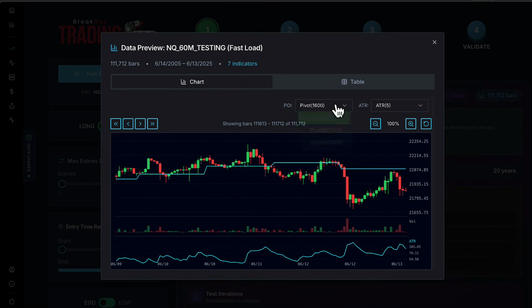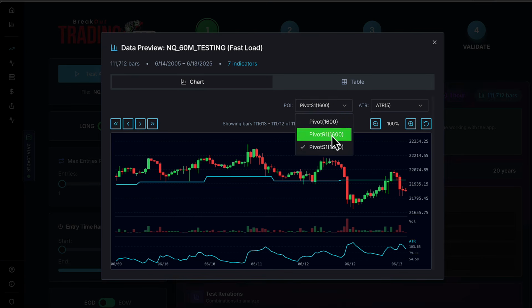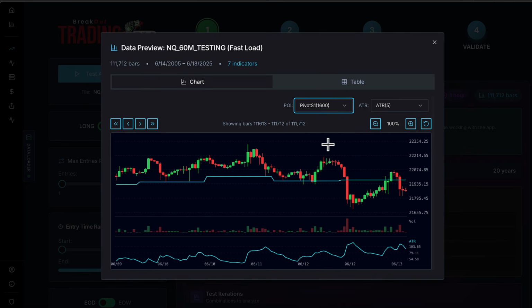So here we actually have pivot points. This is the main pivot, closing at 1600. This is the resistance pivot, and this is the support pivot. So very strong barriers. You can already see visually very strong barriers in the market. You see how the market is bouncing from the support, how support can become a resistance.